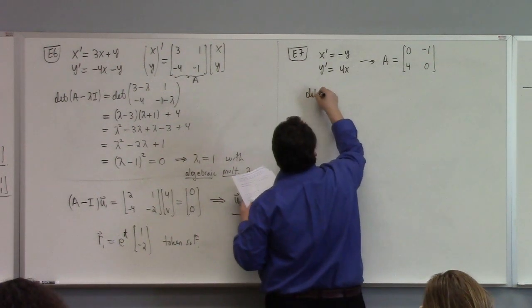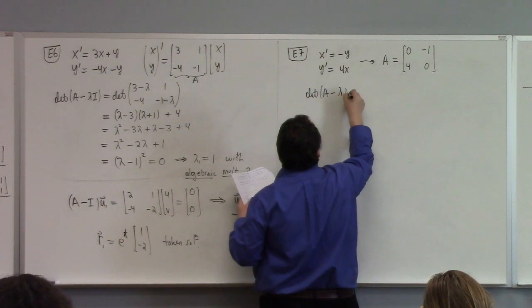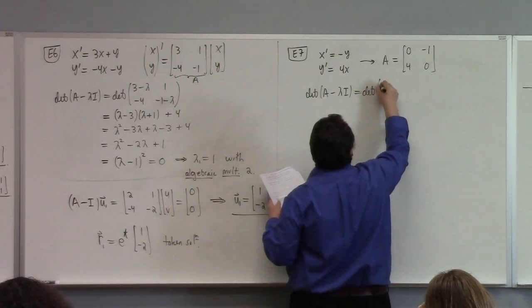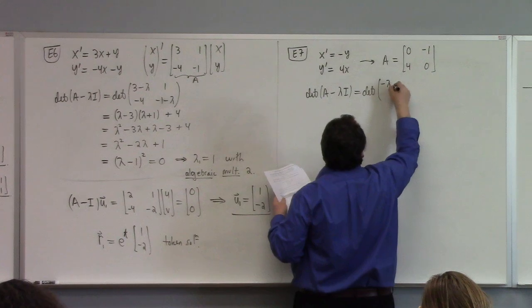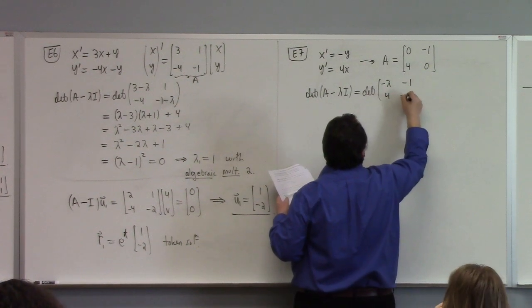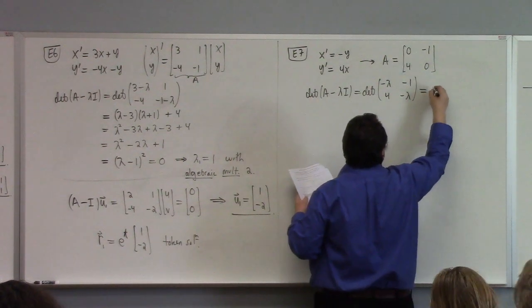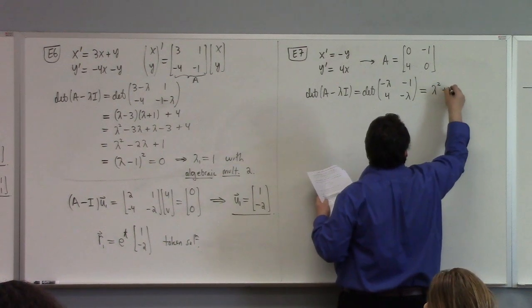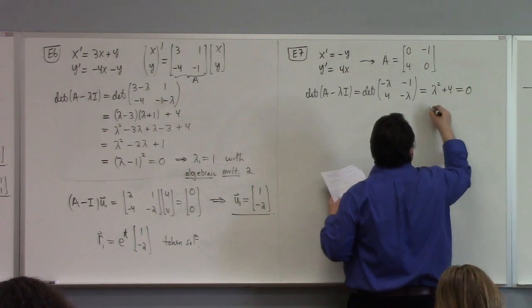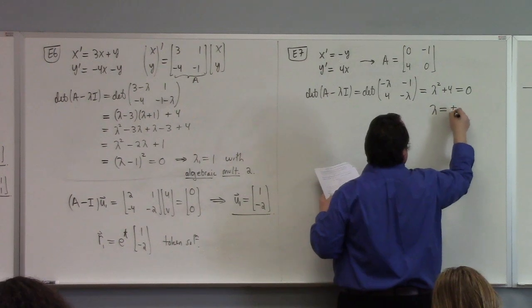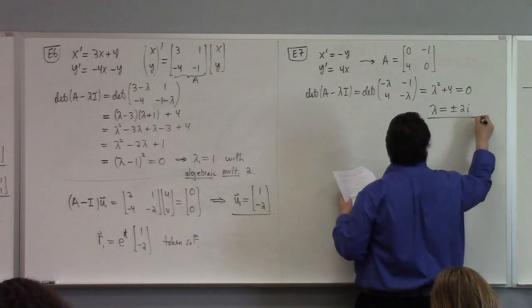So then I have the determinant of A minus lambda I is the determinant of minus lambda, minus 1, 4, minus lambda, which just so happens to be lambda squared plus 4 equals 0. So you see we have solutions plus or minus 2i.